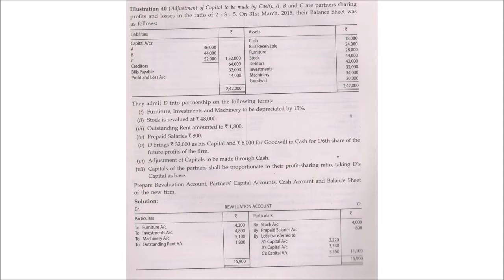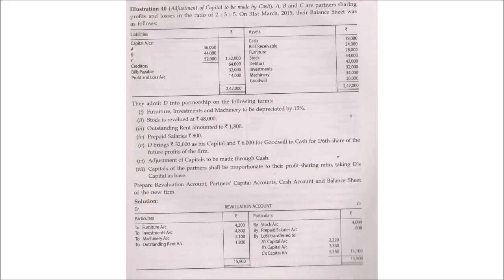First of all, we have to consider the total profit as 1. Out of this 1, D is getting 1/6 share. So 1 minus 1/6, that is 5/6. That will be the total profit for the remaining, otherwise old partners.